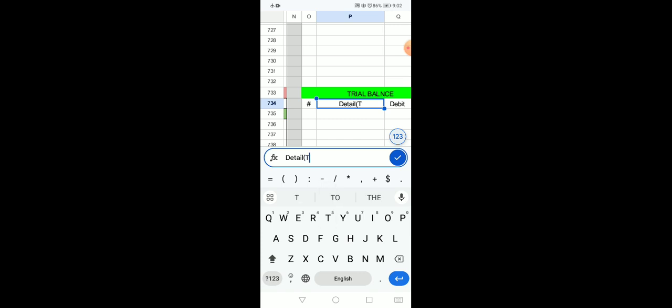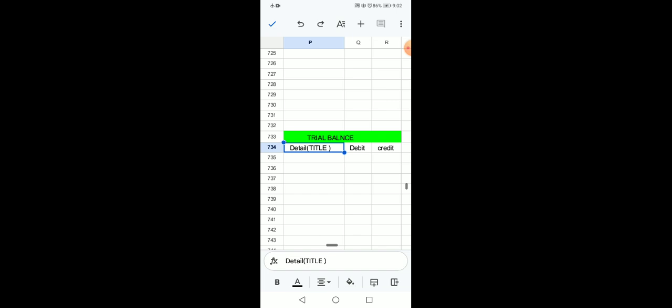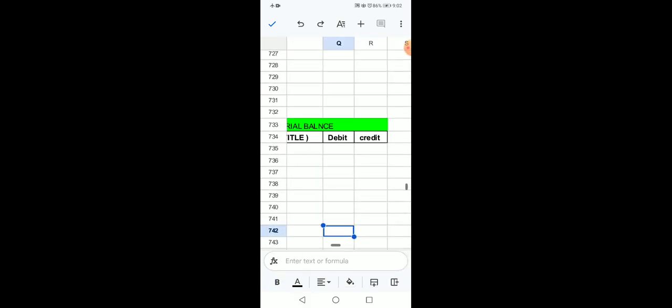That means you will be writing the title over here, and then you are going to write the amount on the debit side, and the amount on the credit side. All right, how you will write the amount on the debit and credit side is a matter of understanding.